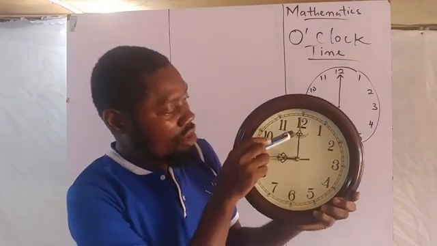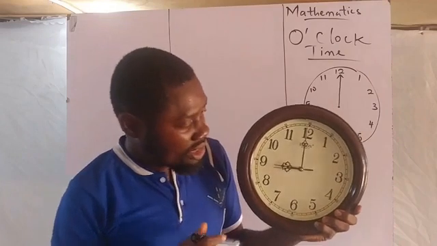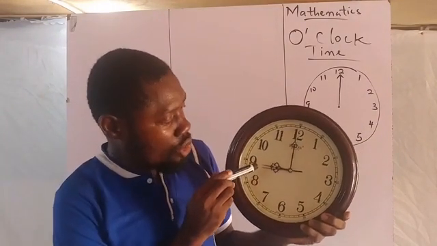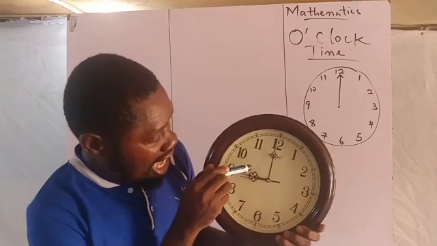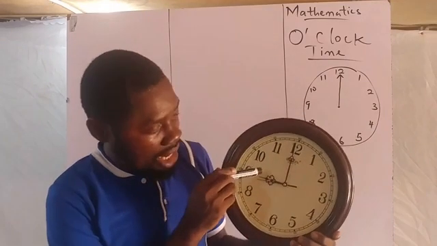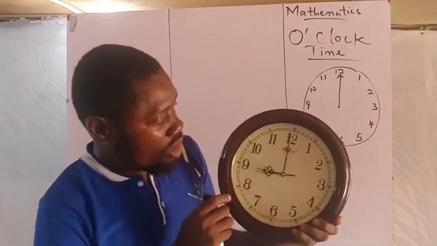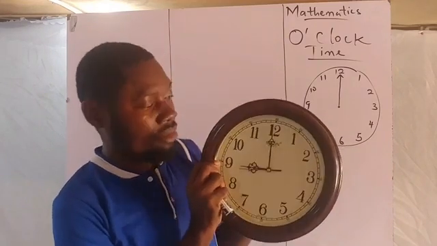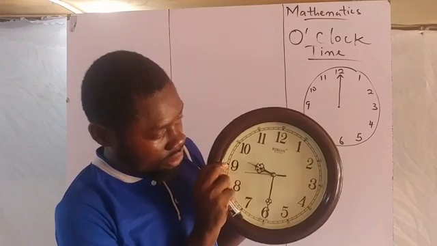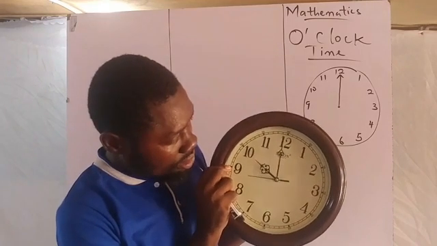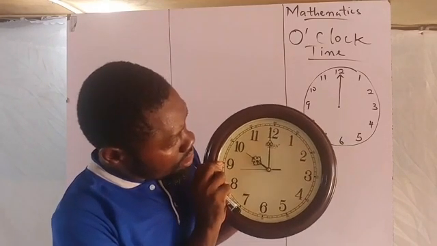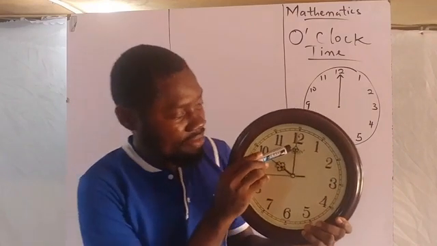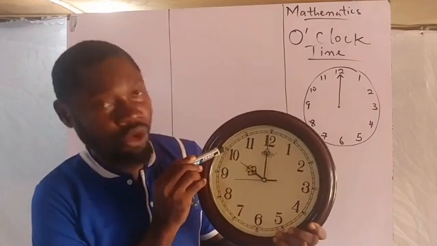You can as well see that the hour hand has changed from 8 to 9. Don't look at the pointer, please. It is the other small hand we are considering as the hour hand at 9. Now, watch me again. Let me revolve the minute hand. See, my minute hand is at 12 again, and the hour hand has moved to 10.